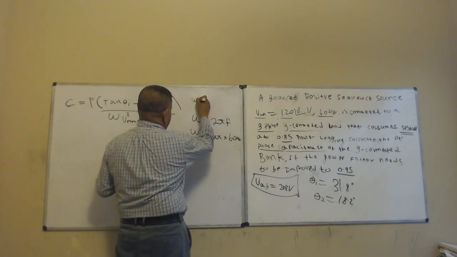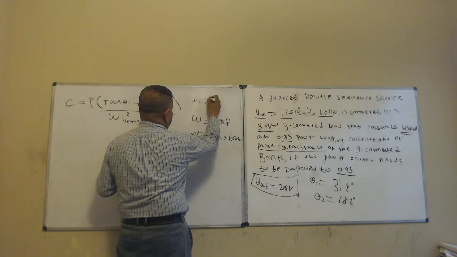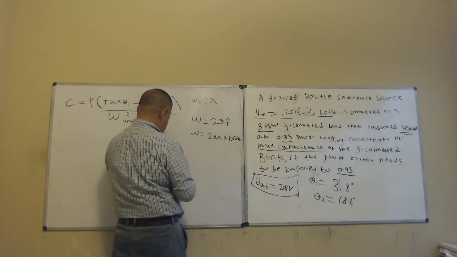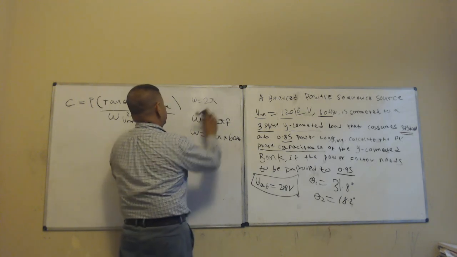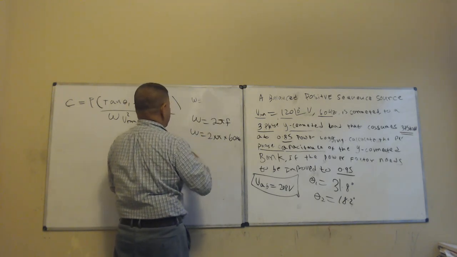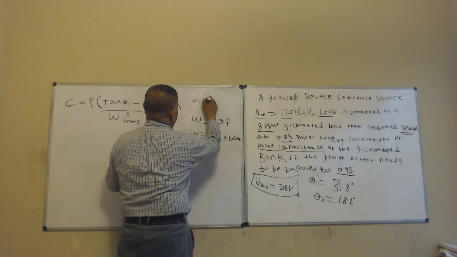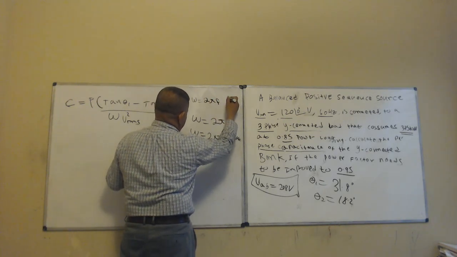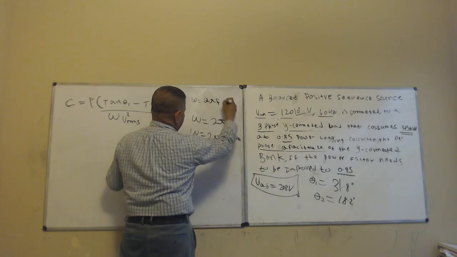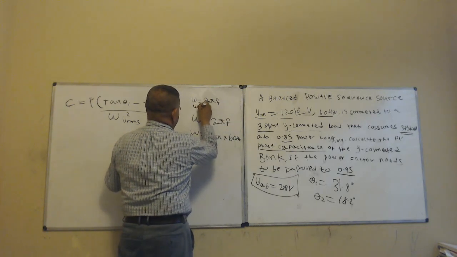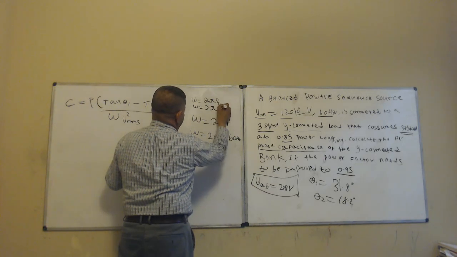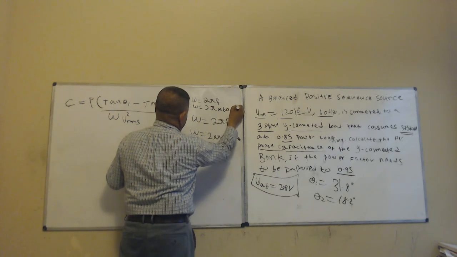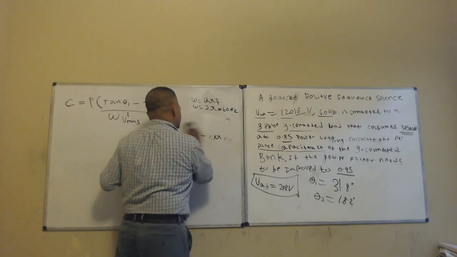So omega is equal to 2 pi f, and omega is equal to 2 pi times 60 hertz, right?